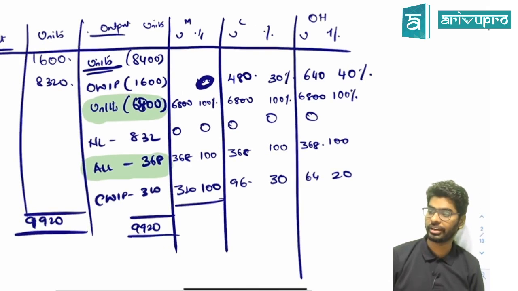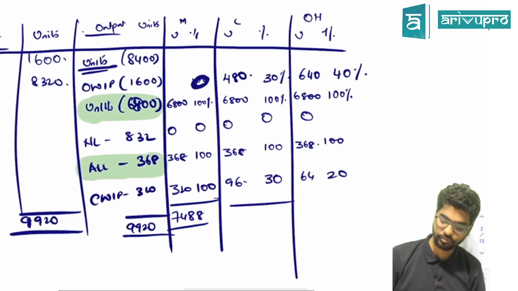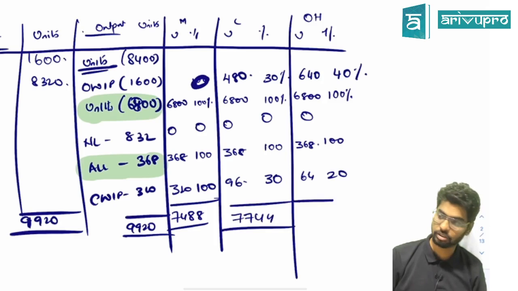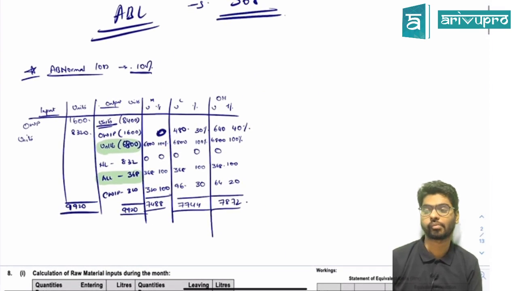So my total value of material will be 7488. Labor will be 7744. Is everyone clear till now? Guys, any doubt you have till now?